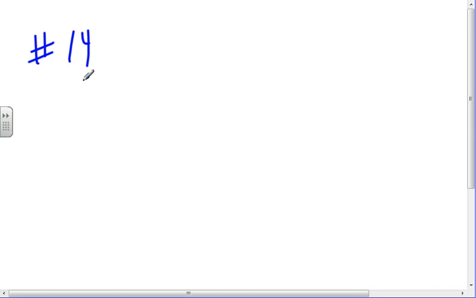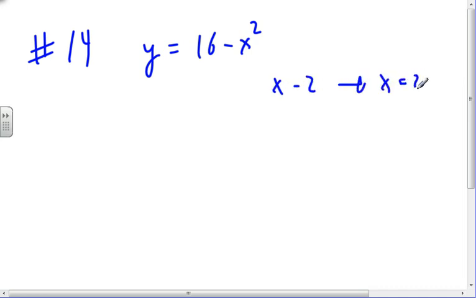Okay, y equals 16 minus x squared. And we're going to go from x is minus 2 to x is 2. Okay, so I look at this thing.